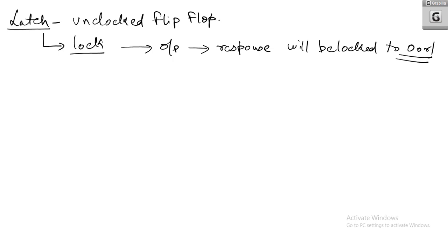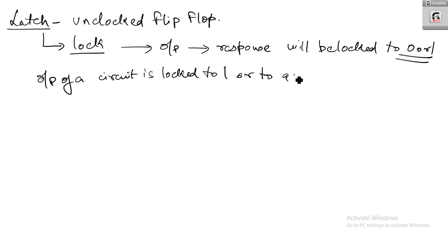That means if the output of a circuit is locked to 1 or to a 0, then such kind of circuits are known as latches. Now, basically there are two types of latches.